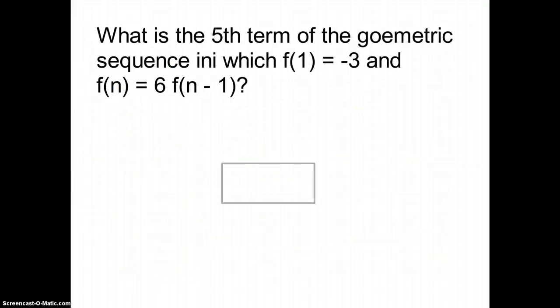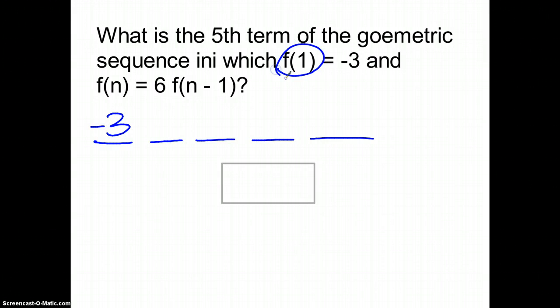What is the fifth term of the geometric sequence in which f1 is negative 3 and fn equals 6 fn minus 1? So we have 1, 2, 3, 4, 5. It says the first term is negative 3. And then this tells us that we're going to take the 6 and we're going to multiply it to whatever term is in front of it.